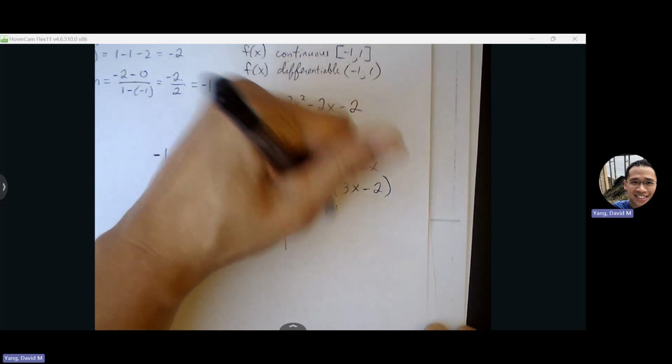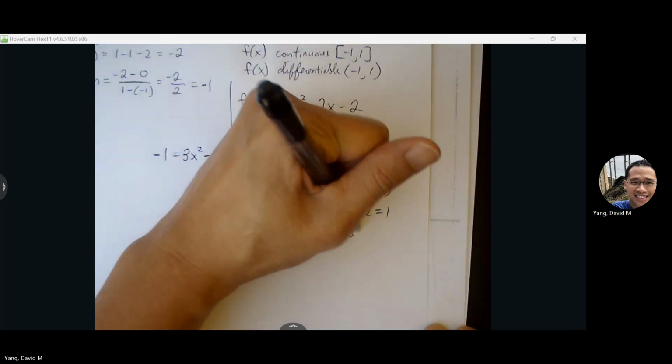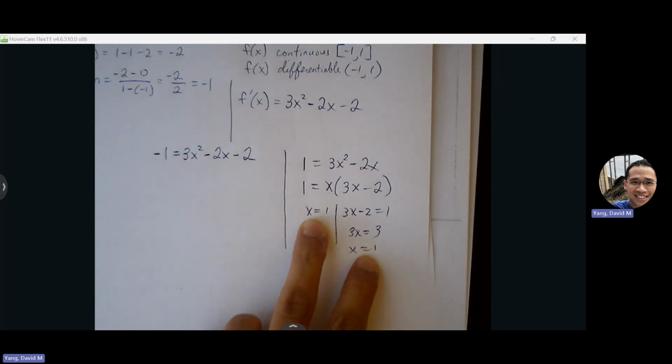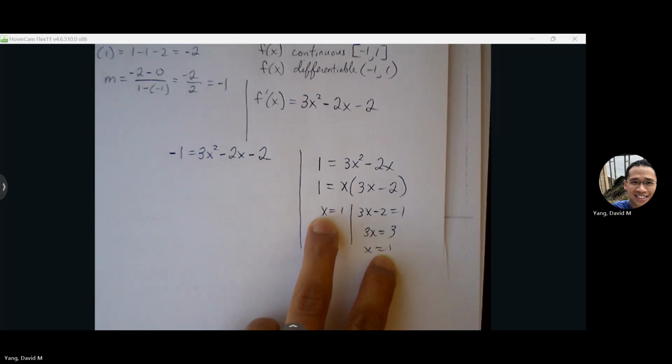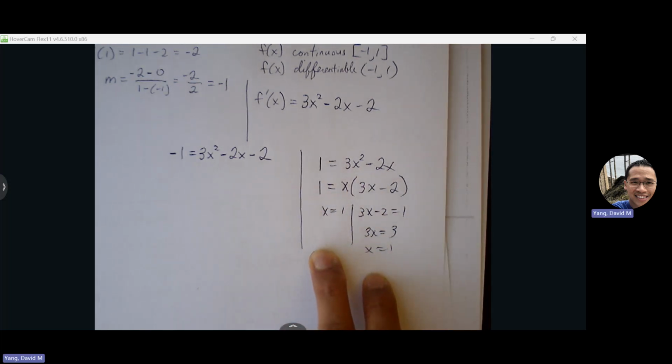Set x equal to 1. Set 3x minus 2 equal to 1. 3x equals 3, x equals 1. What's the issue with this process? This all feels like it's mathematically okay, but what's the issue here?